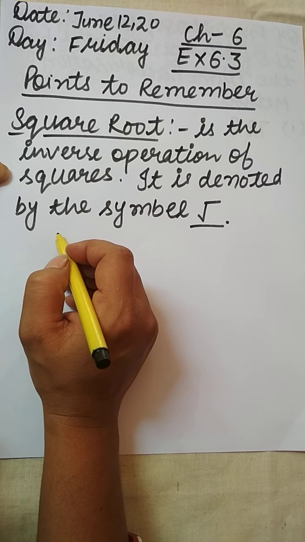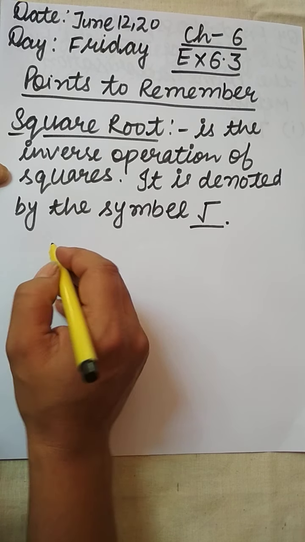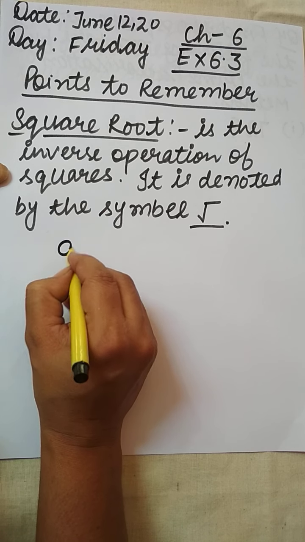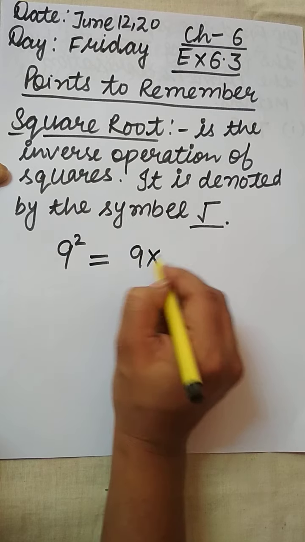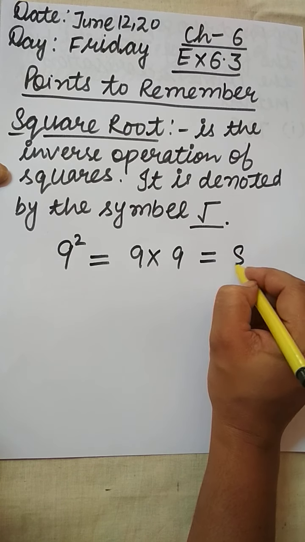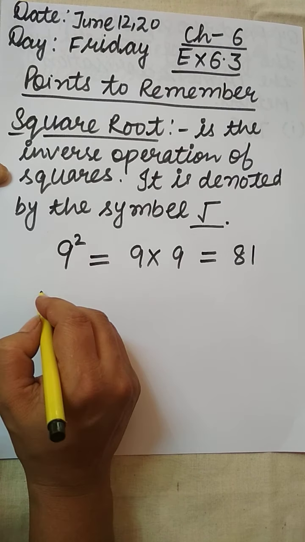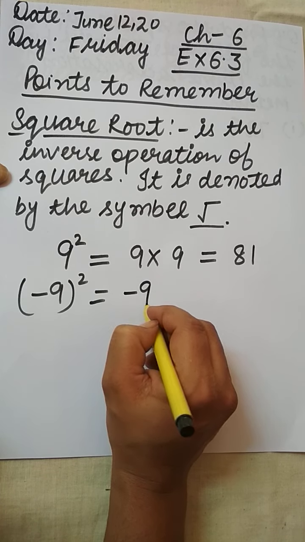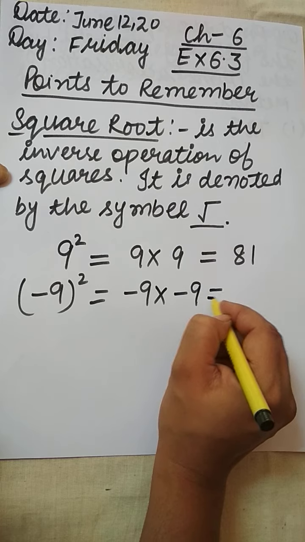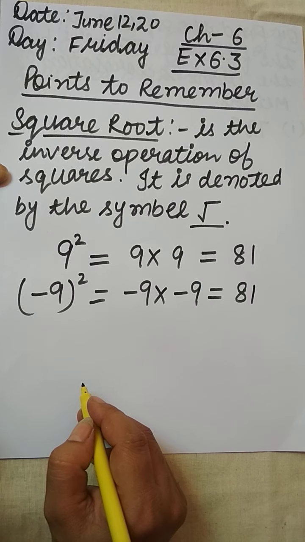Next is, students, one thing more. Suppose if I find the square of plus 9, then it will be 9 multiplied by 9 is equal to 81. If I find the square of minus 9, then it will again be minus 9 multiplied by minus 9 is equal to 81.